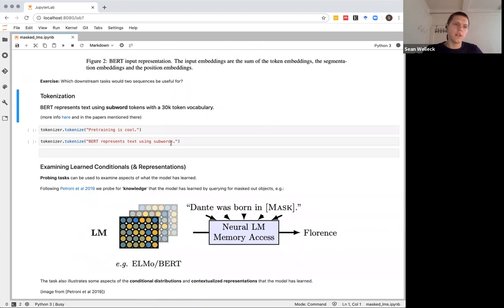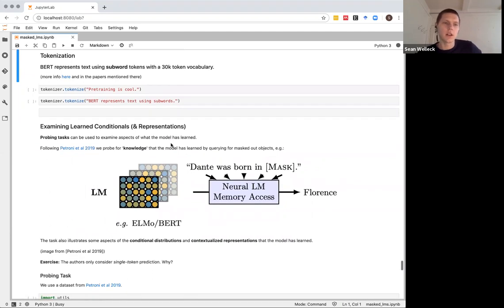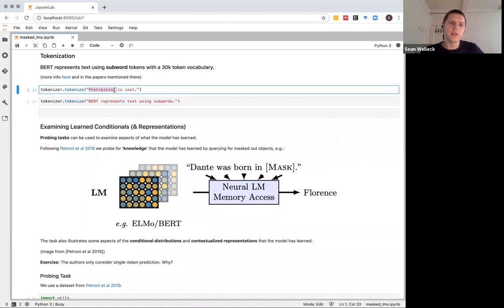Now, the text representation in BERT does something a little bit different. Instead of having a number for each word, it actually uses something called subwords. For this purpose, you could think of running some algorithm on input text, and the algorithm gives you some vocabulary.